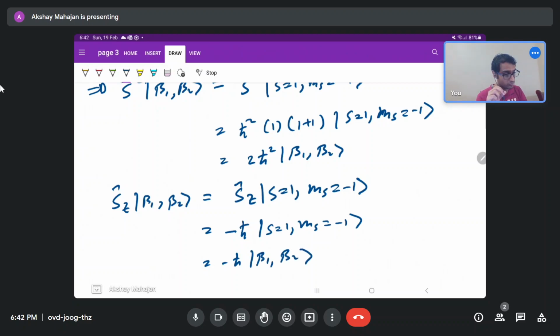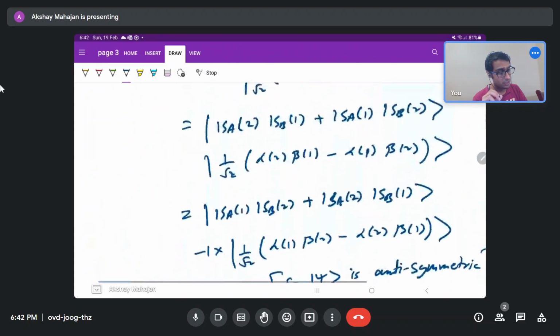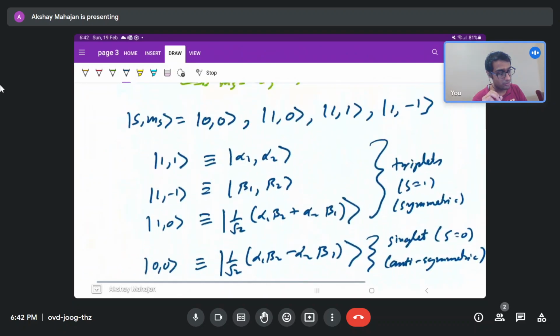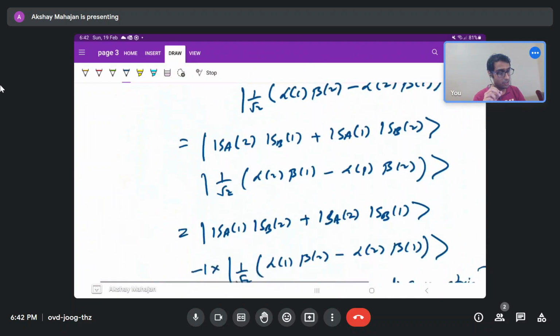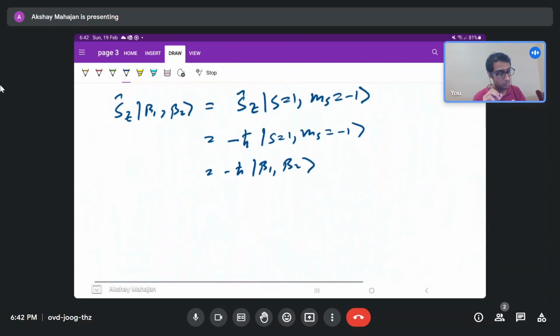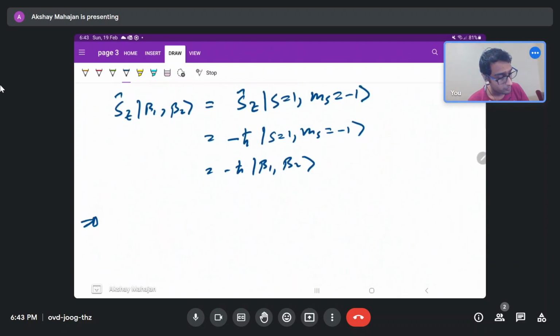In this way we can find these values for each one of them. Similarly you can find it for S squared on alpha 1 alpha 2, and S_z on alpha 1 alpha 2.